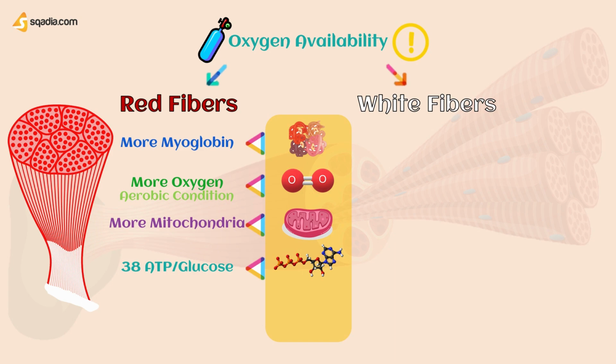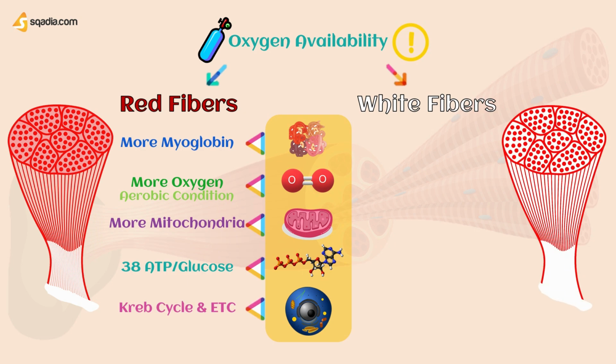And if you are looking for an exact amount, then it will be a net of 38 ATP per glucose. The main mechanisms through which it will produce ATP are Krebs cycle and electron transport chain.